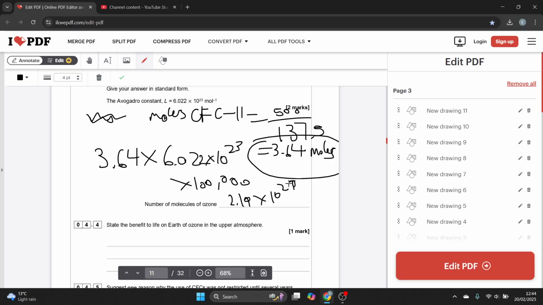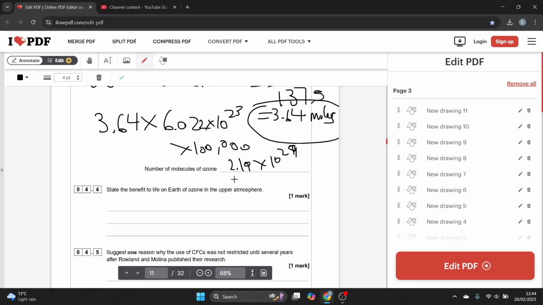State the benefit to life on Earth of the ozone layer: it absorbs harmful UV radiation.